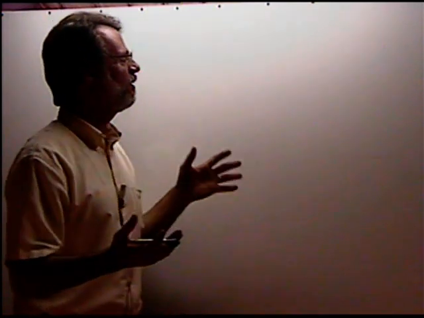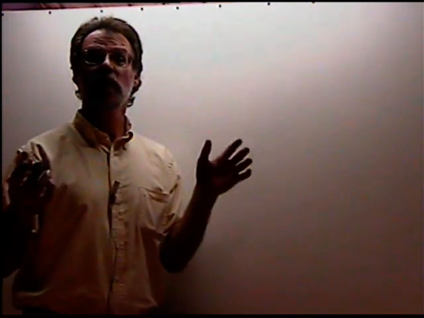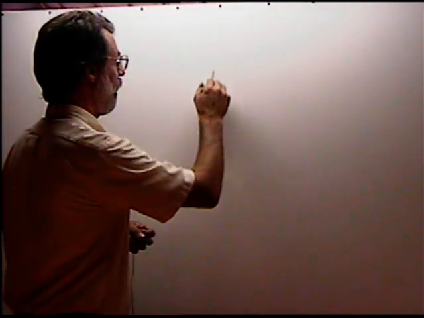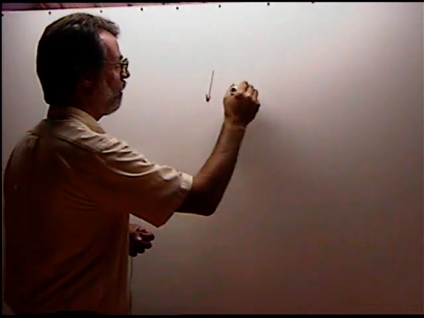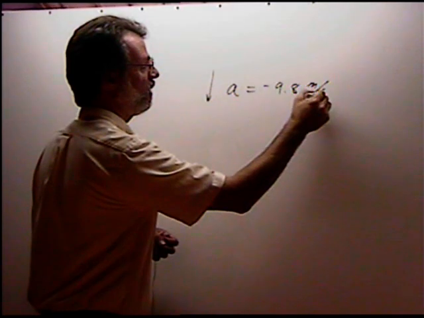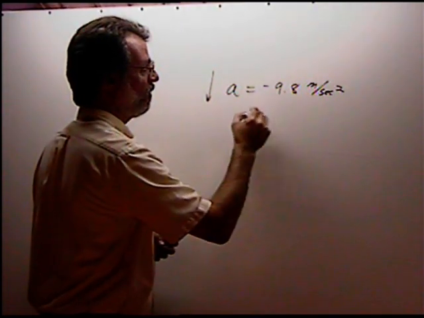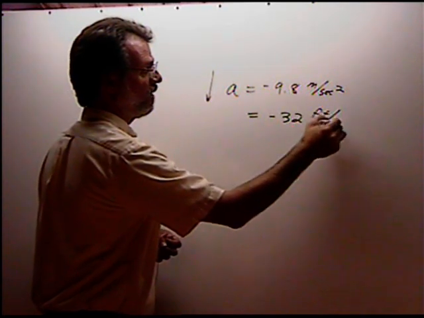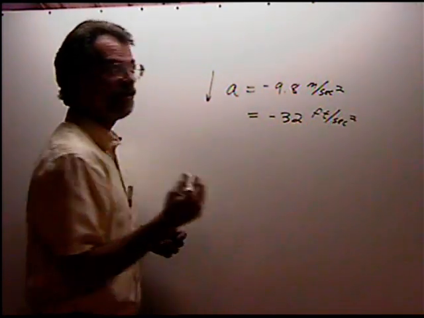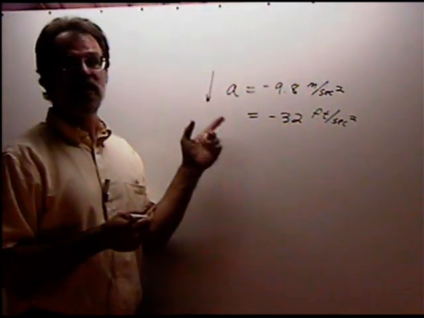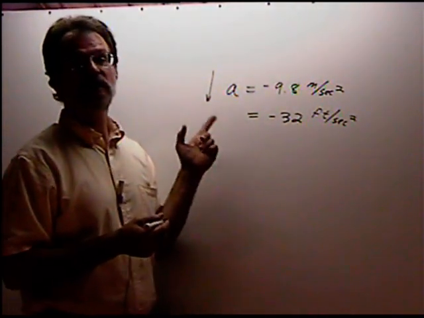You jump out of an airplane, you forget your parachute, you start accelerating. The acceleration of gravity is, as we know, minus 9.8 meters per second squared. We can also say 32 feet per second squared. You will accelerate at this rate when you free fall out of an airplane.